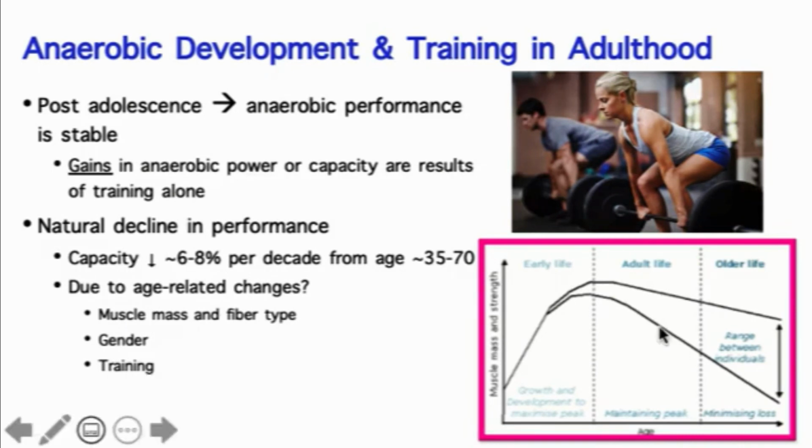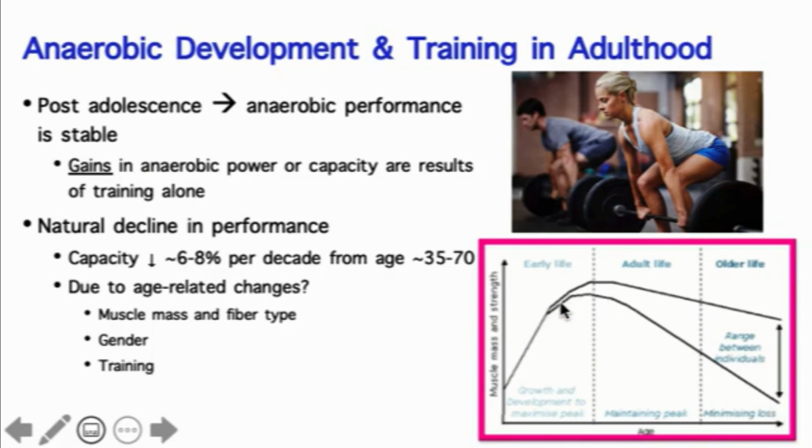So that's shown with this graph representation over here, where age is on the x-axis again. We see growth and development maximize our muscle mass and strength, because mass is pretty proportional to strength. But early in life, we notice there's a really large increase to that peak, and then we can maintain that peak through our adult life. This top line is supposed to represent people who train versus the bottom line, which is people who don't train.